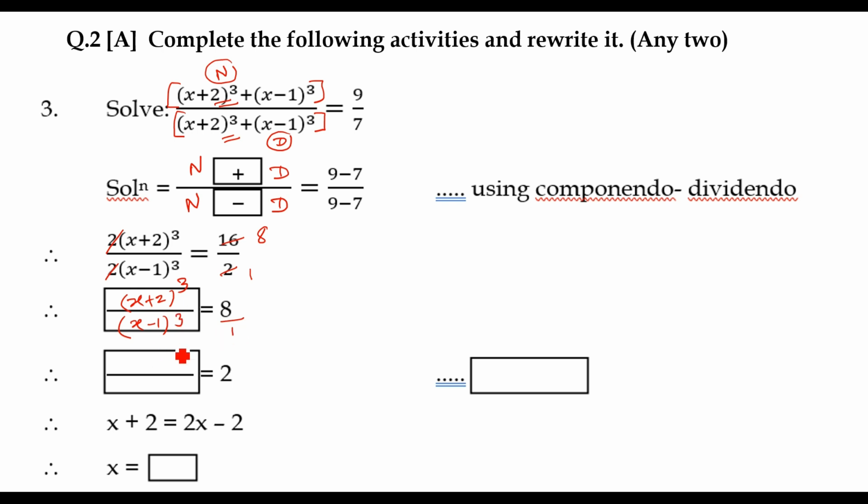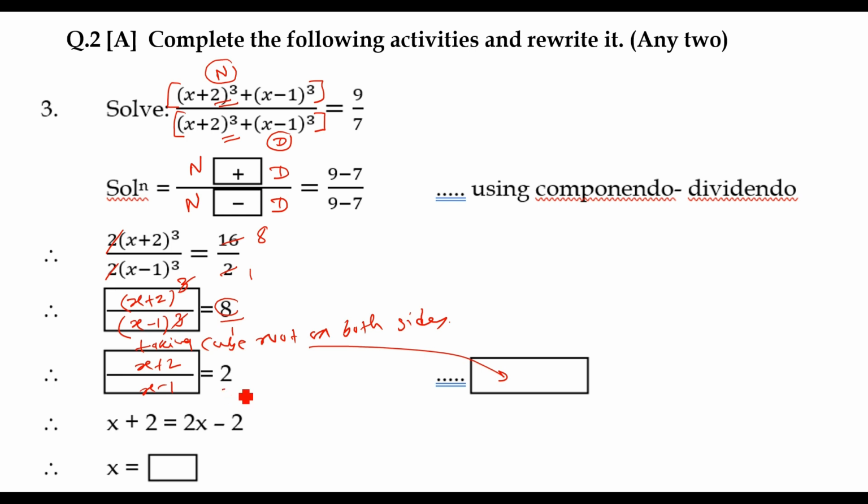So taking cube root on both sides, if you take the cube root, then this will be (x plus 2) over (x minus 1), because the cube and the cube root get cancelled. 8 is the cube of 2.